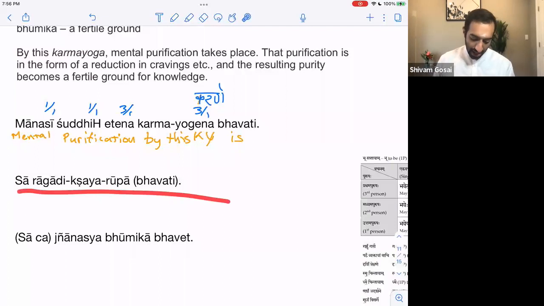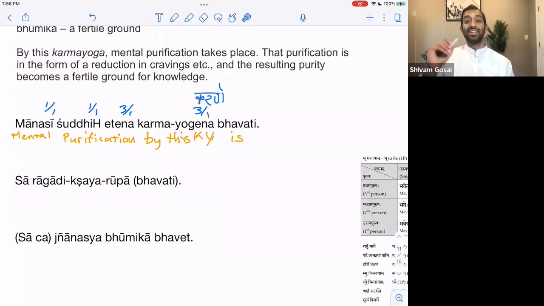Okay, saragadi kshaya rupa. Sa is also a pratipadika, tad, but strilinga. So sa, instead of saha, it's sa.